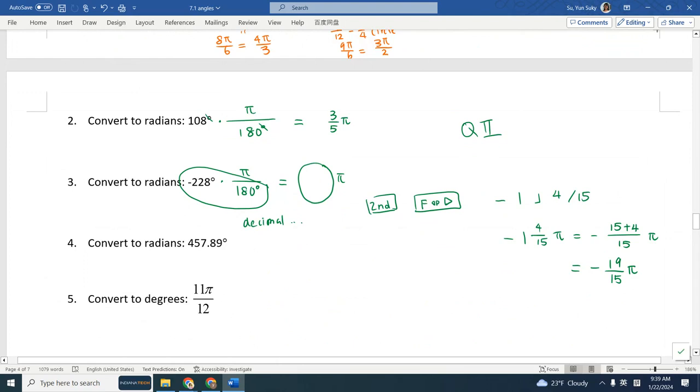So for this problem, if you get a decimal answer, that's fine, because this is an integer, but this is a decimal already. So everybody try number 4. If you get decimals, round your answer to 4 decimal places.